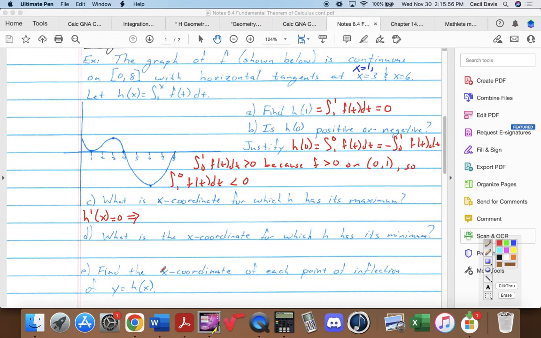And this is where you use the fundamental theorem. I need to take the derivative of this integral defined function. What is h prime of x?